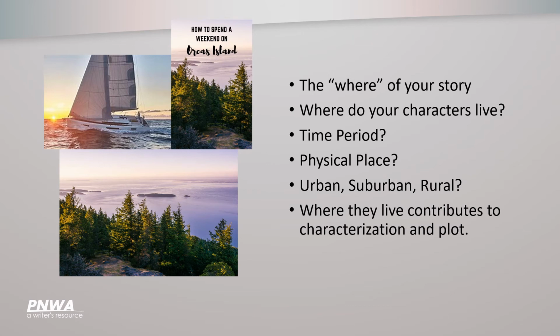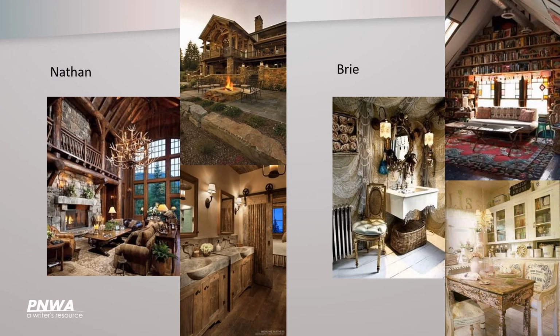You can use the setting to show contrast between your two main characters. If you look to the left, we have Nathan's house, a pretty fancy place. Remember, he's rich. And you can tell that he enjoys his large spaces. He has a lot of creature comforts. You know, somewhere upstairs in this house, there's a great game room, and you get a sense that Nathan is all about the outdoors.